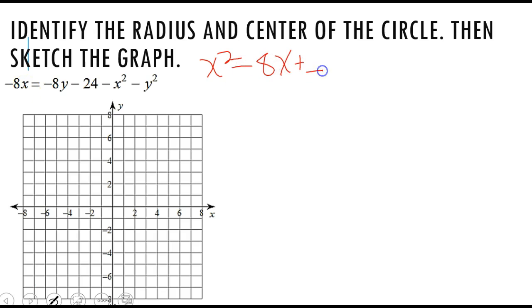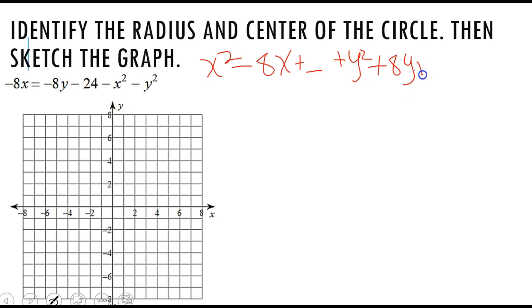And then we're going to add something. And then negative y squared is on the right now. We subtract it to move it to the left, it becomes positive y squared. And then the negative 8y is on the left also. We need to move it to the right, it becomes positive 8y.